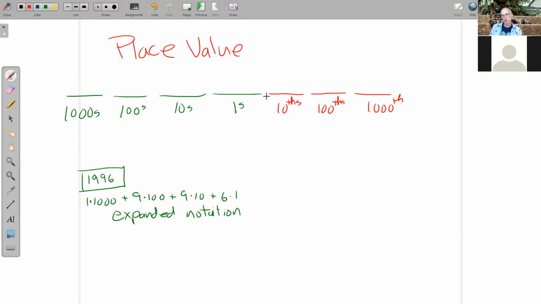But the one that survived is that we put this point right here, this thing we call the decimal point. That separates the fractional part from the whole number part. So here's our whole number part of the number. And this over here is our fractional part.